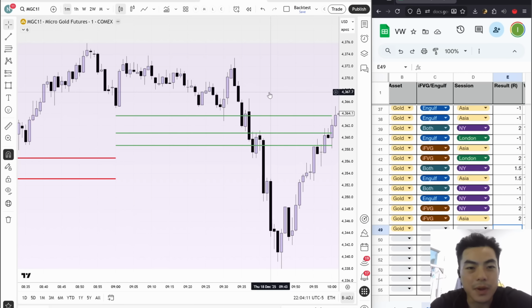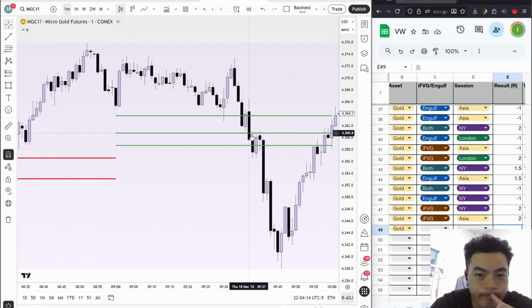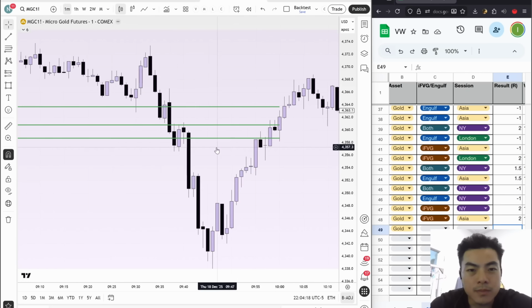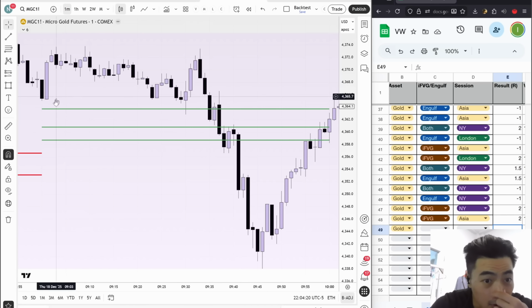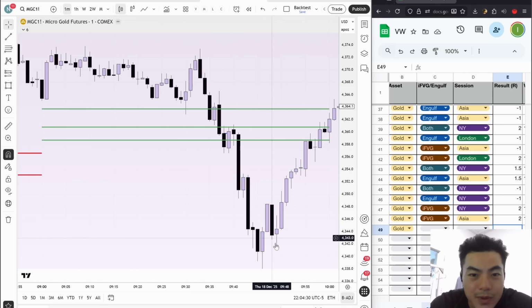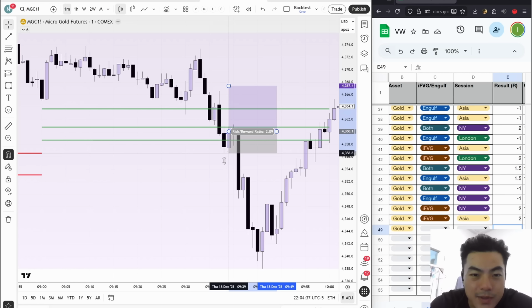Alright, there's a lot going on here. Okay, so we open the candle here, close beneath it, no entry model, close beneath these other ones, and then finally here we get an engulfing candle. So that would be my entry, stop at these lows.